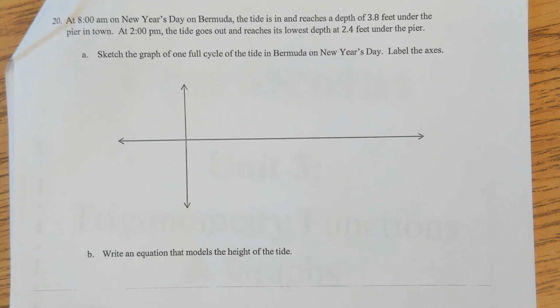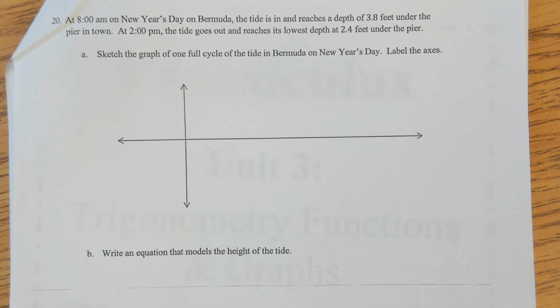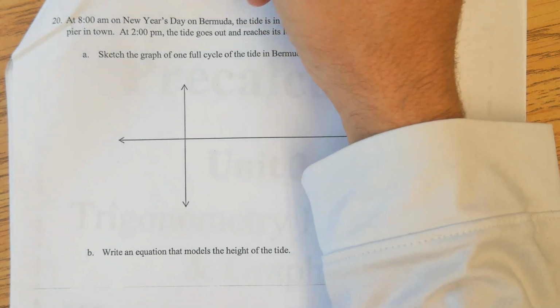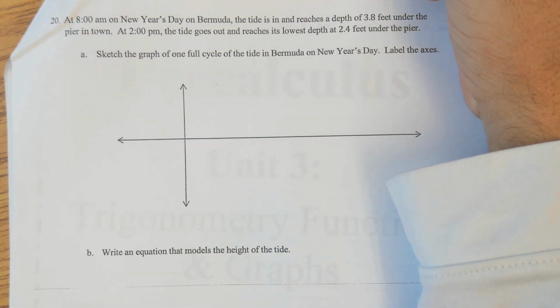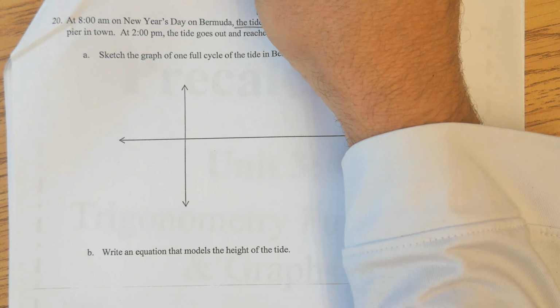All right. At 8 a.m. on New Year's Day in Bermuda, the tide is in and reaches a depth of 3.8 feet. So what this means is, when the tide is in, this is high tide.